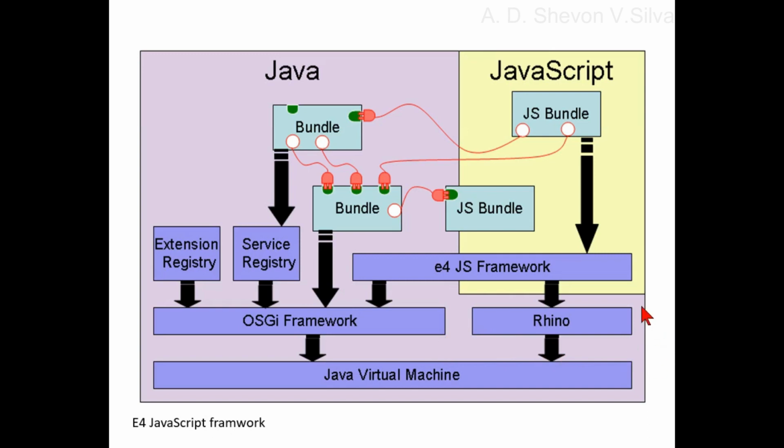Dependencies between JavaScript bundles and bundles can be expressed at the bundle level as with the Require-Bundle OSGi header, or at the level of individual script files similar to the Import-Package OSGi header. These dependencies are expressed in a JavaScript manifest written as a JSON file.